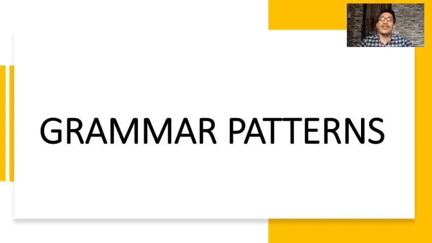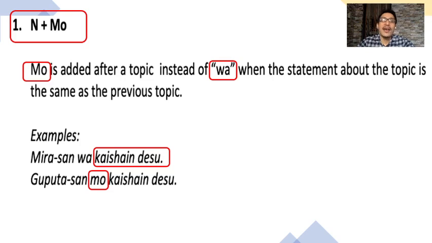So this time, let's understand or learn more grammar patterns in Japanese. So starting off with noun plus mo. So mo is added after a topic instead of wa, when the statement about the topic is the same as the previous topic. So example, Mira-san wa kaishain desu.